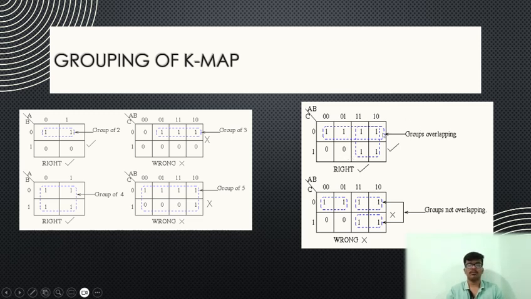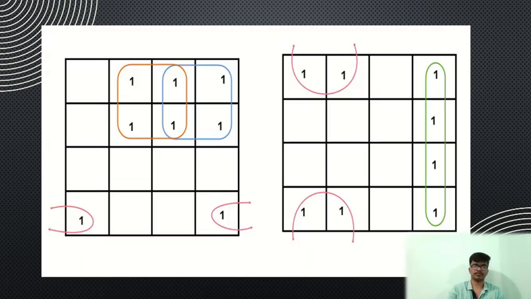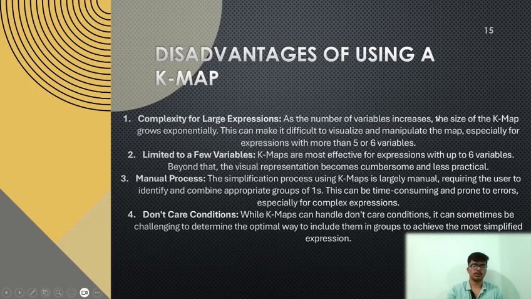And we can even do overlapping groups. If there is a case of overlapping of groups, then it is possible. Here this 1 1 and 1 1 can overlap and form a quad by using the paper cutting method, and this can also form a quad.